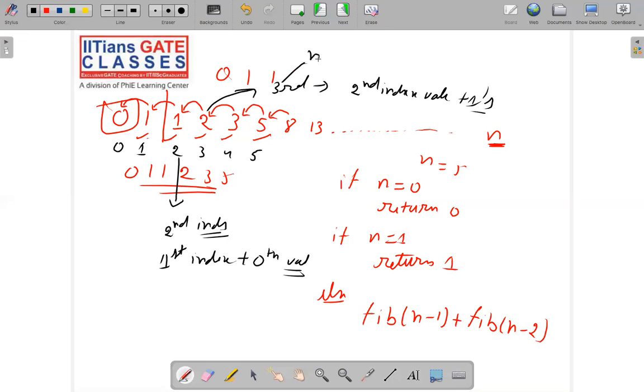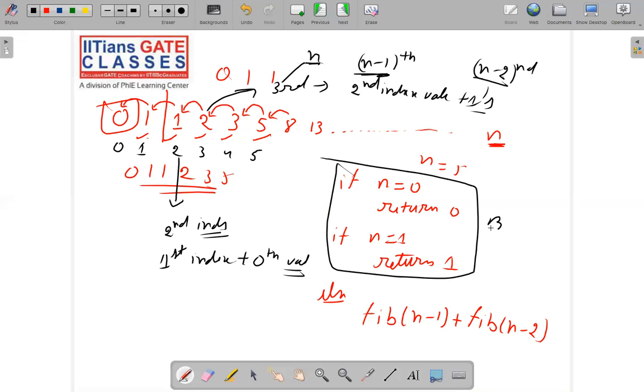So if this is n, I am adding the n minus 1th index and the n minus 2nd index value. So this is the base condition, and this is the Fibonacci function. I will have Fibonacci of n minus 1 plus Fibonacci of n minus 2.